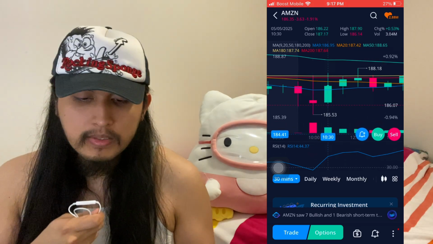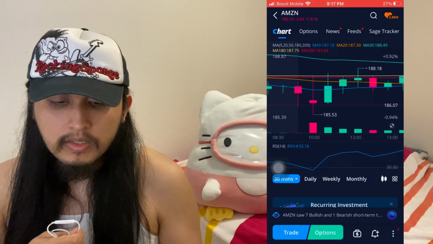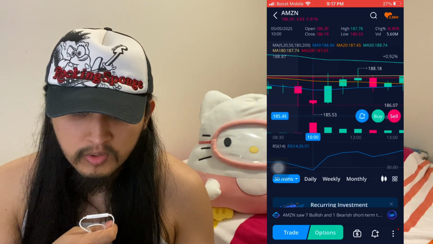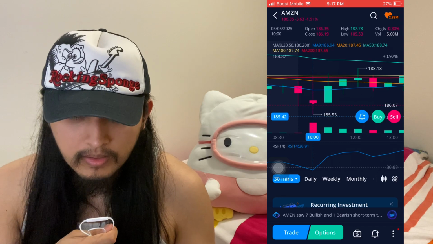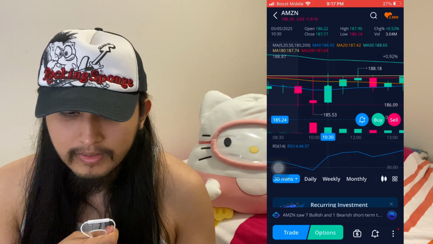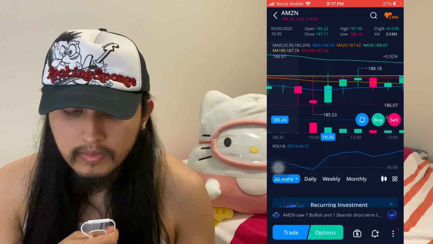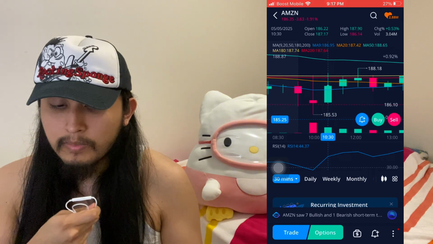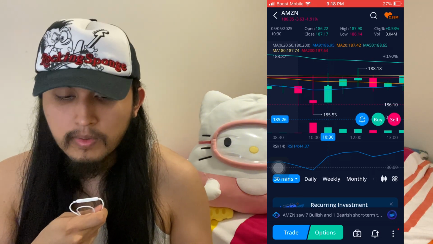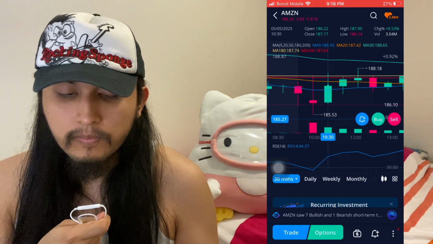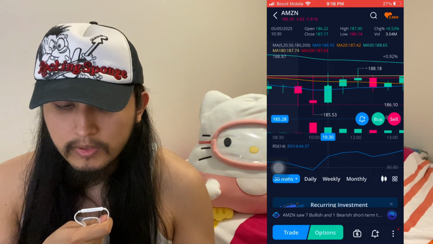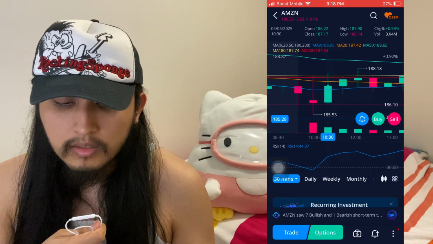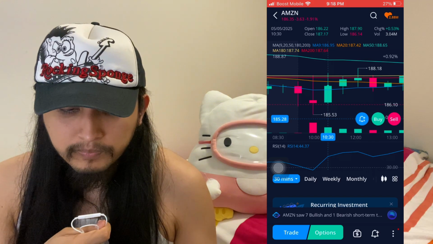So basically what I did was, I saw the previous candle approached the 180-day moving average and got rejected by it, and I figured it's most likely going to continue that trend of getting rejected by the 180-day moving average. So when I see Amazon reach the 180-day moving average, I'll buy a couple of Amazon put options.